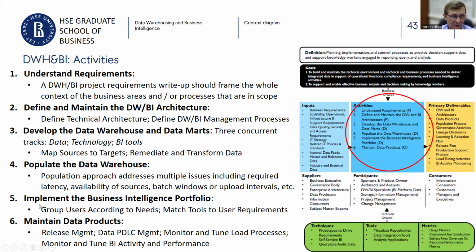Product analytics need something else, and sales analytics need information about different products and statistics about sales, etc. So you need to understand and build a BI portfolio. It's a collection of data marts that you need to have in your data warehouse.